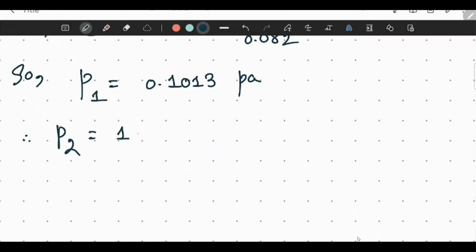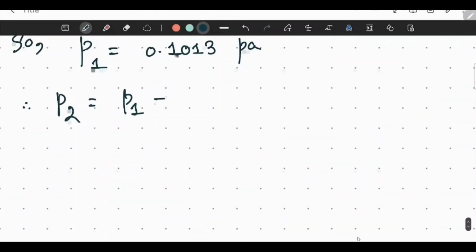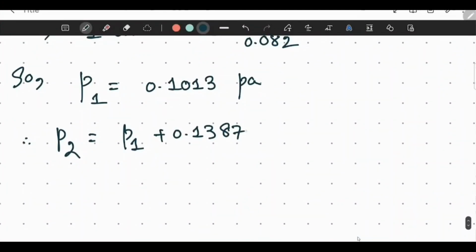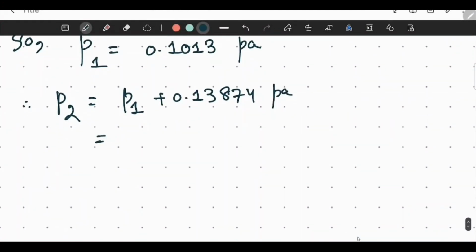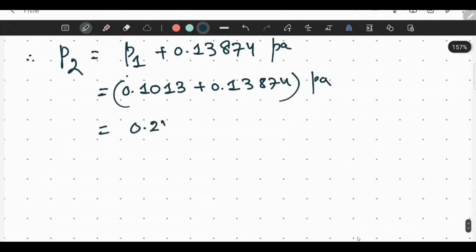So P2 is P1 plus 0.13874 Pascal. So putting this value, 0.1013 plus 0.13874 Pascal, it will be eventually 0.2410 Pascal. Now again we have to convert it into atm.